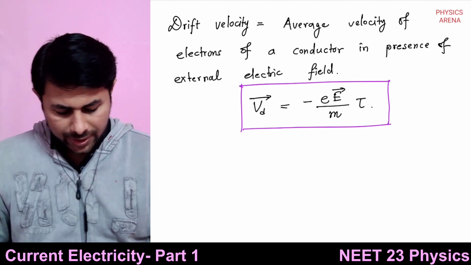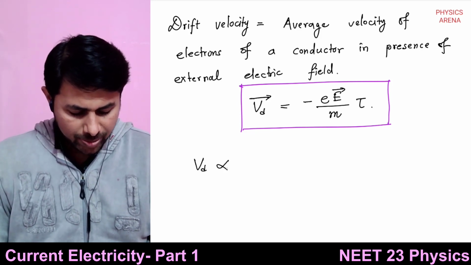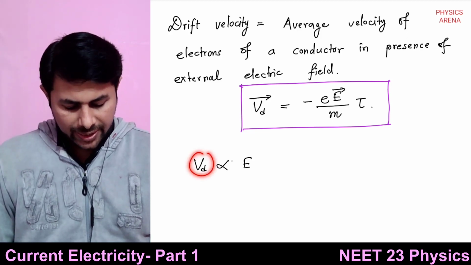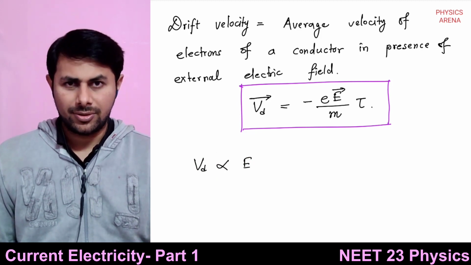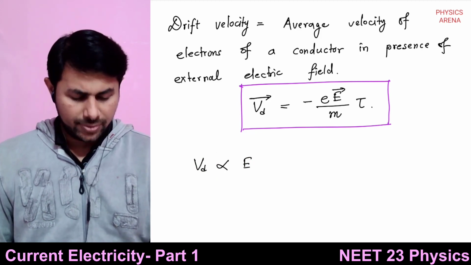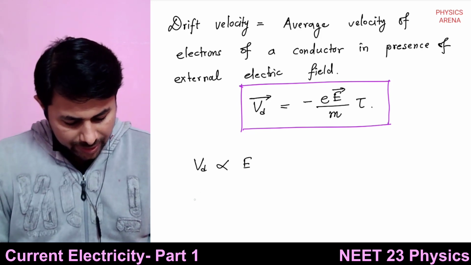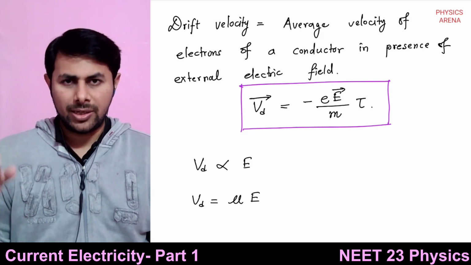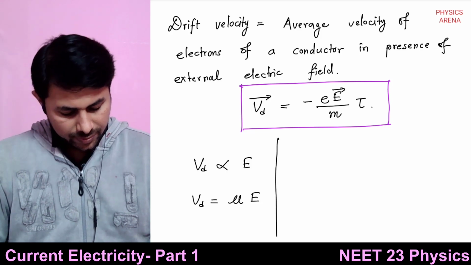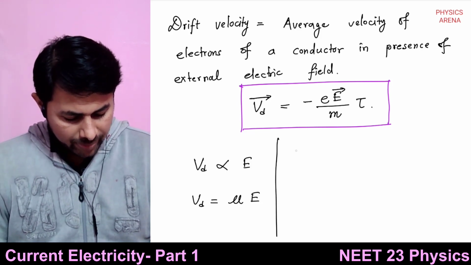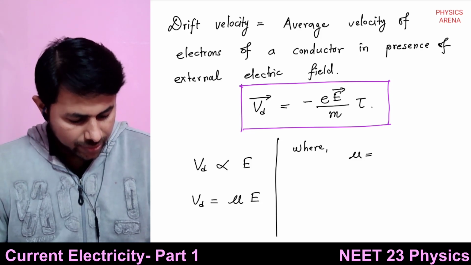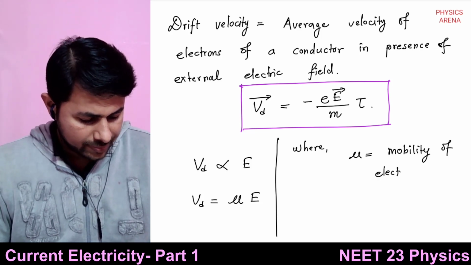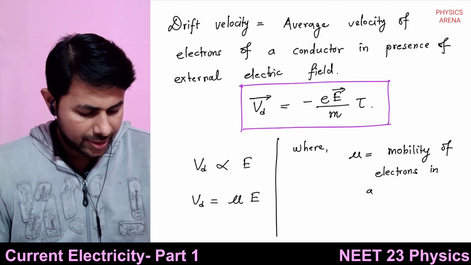Considering just the magnitude, not the direction, the proportionality constant between Vd and E is denoted by mu, and it is known as the mobility of electrons inside a material.